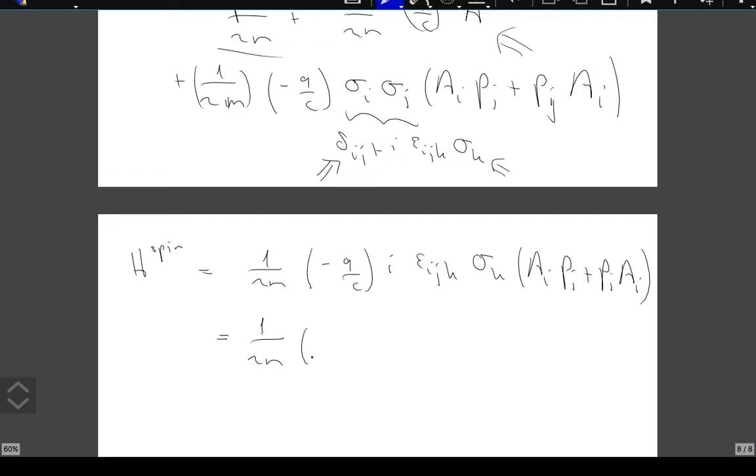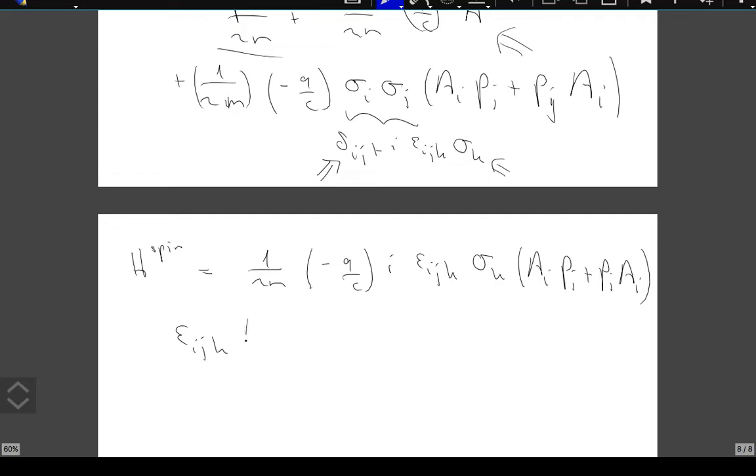Now let me do a bit more. Let me look at one of these terms, A_i p_j.